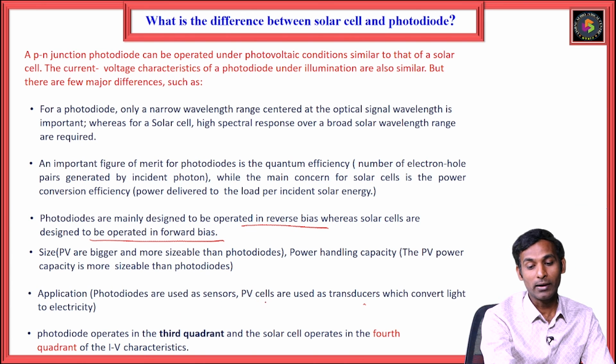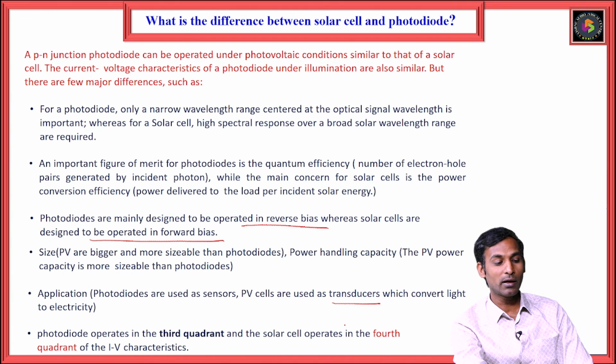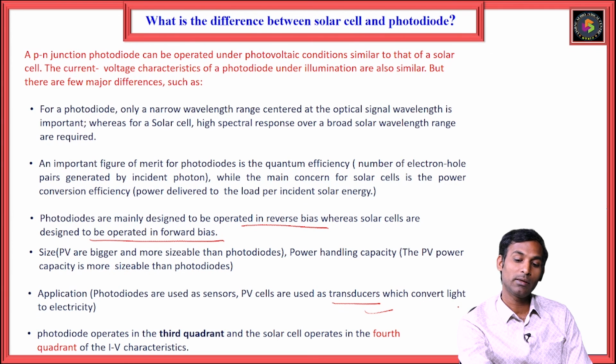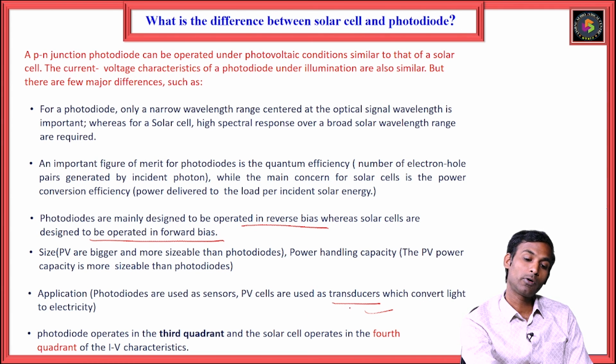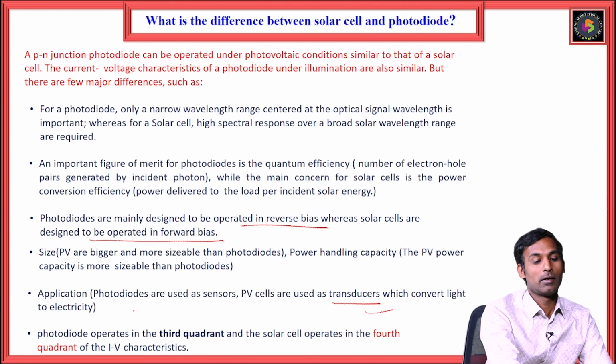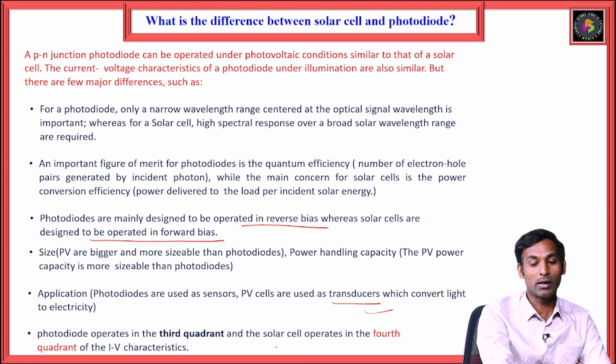So the photovoltaic cell is also said to be a transducer. A transducer will convert light energy into electrical energy. That's why the photovoltaic effect is used as a transducer, and the photodiode is used as a sensor. So the photodiode operates in the third quadrant and the solar cell operates in the fourth quadrant.